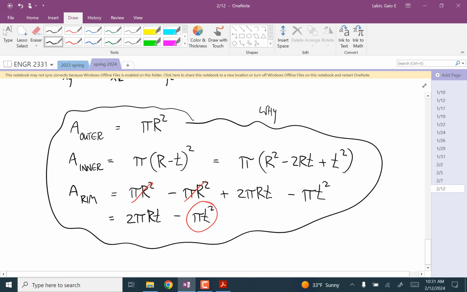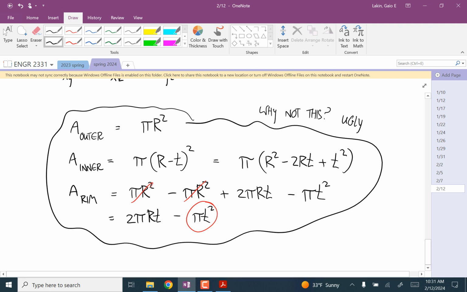Do we use this approximation anywhere else, like area of rim equals 2 pi r t? Yeah, we use that approximation all the time in coming up with infinitesimal elements for integral definitions. That's pretty classic, and you see it all the time in calculus derivations and in physics.